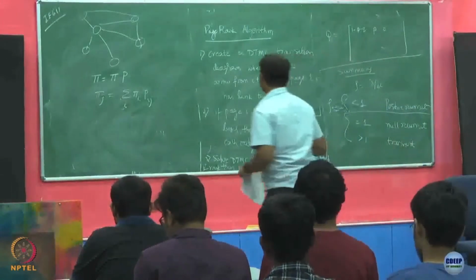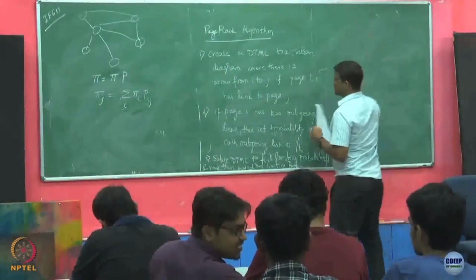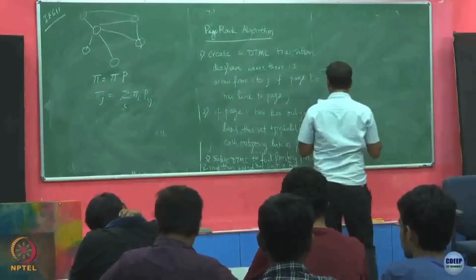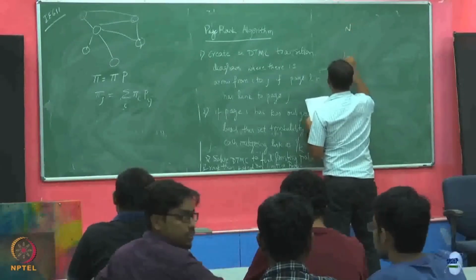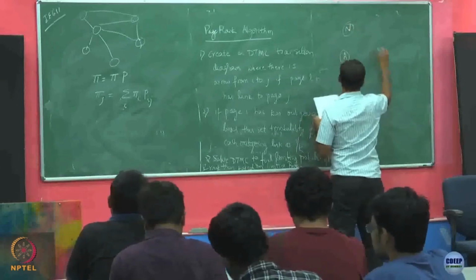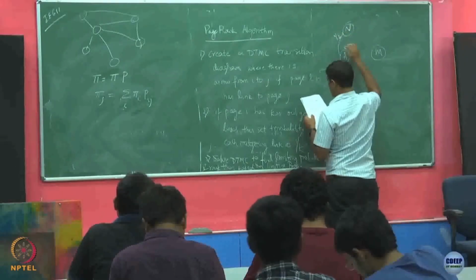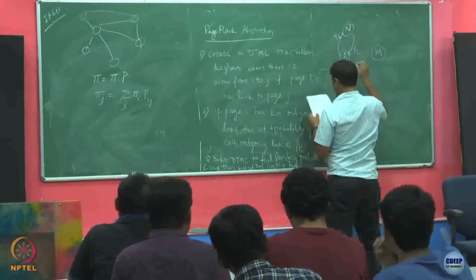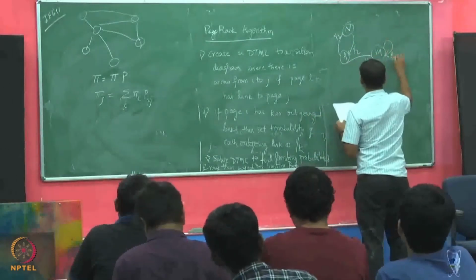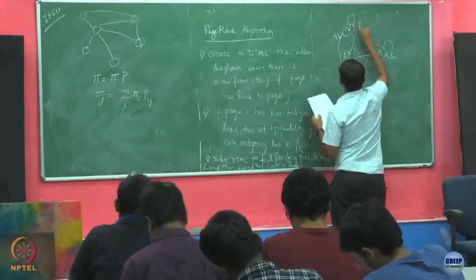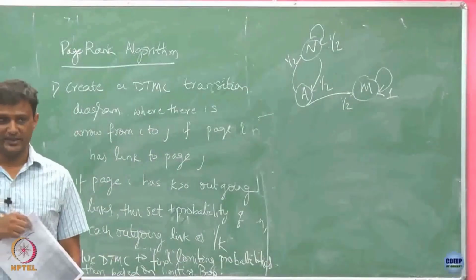Just to motivate what the issues could be, for simplicity, look at this one example. Let us say there are 3 states like this, 1, A and M, and these are the transitions. I am drawing 3 pages, and let us say I have been assigned weights in this fashion.